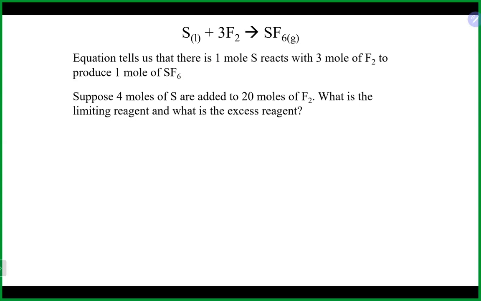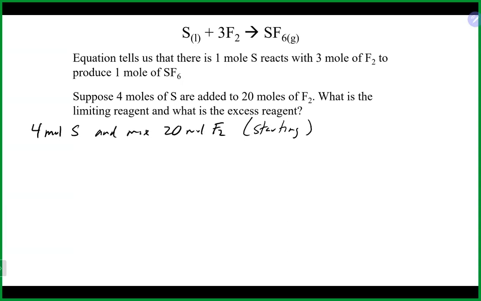So when we have this, let's just say, for example, we are starting with 4 moles of sulfur in the above reaction, and we're going to mix it with 20 moles of fluorine. And this is really our starting amount of each of those reactants.